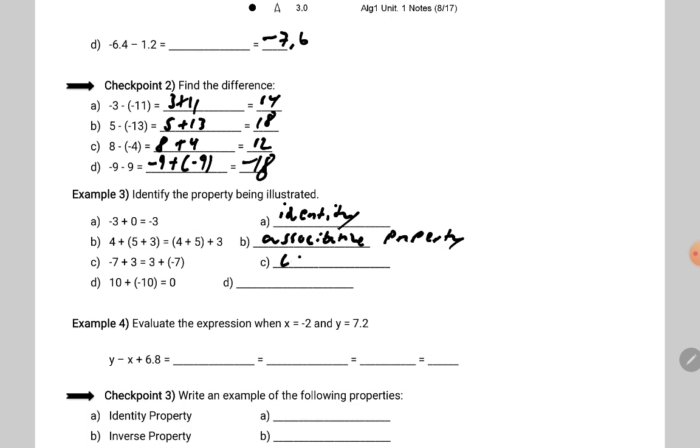Part C is the commutative property. You can add them backwards or forwards. And then lastly is the inverse. Take a number and add its opposite, and then you get 0.